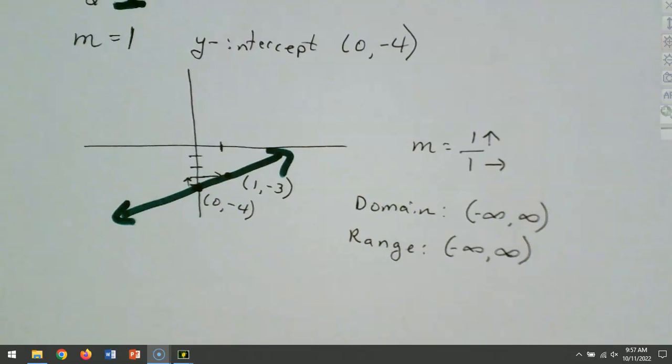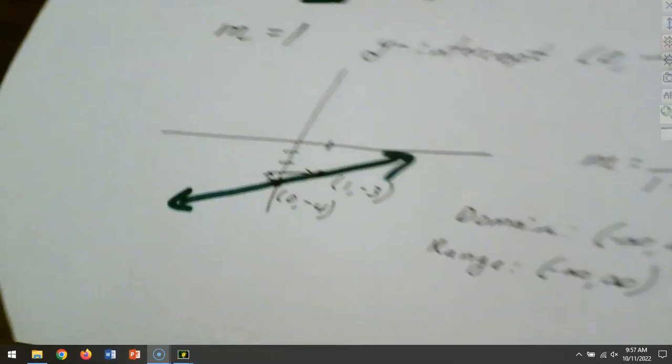And when we find equations of lines, there's 3 ways to do them. We can either find the equation of a line when you have a point and a slope. You can find the equation of a line when you have 2 points. And you can find an equation of the line when you have a line equation and another point. So we're going to be looking at how to find these equations.